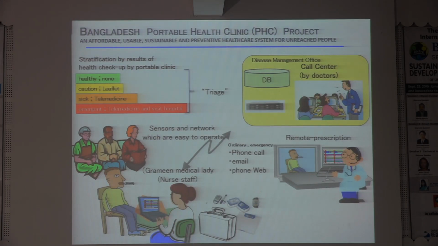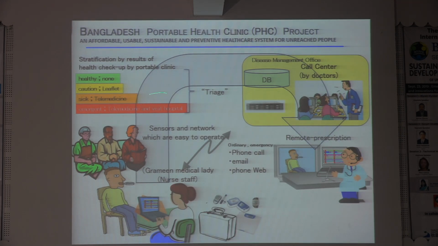And this is the figure of the Bangladesh PhD project. Later, my colleagues, Dr. Mark and Dr. Yokota, will talk about this PhD project. But this project is really similar. Because this is NCD provide health checkup process, and then this system can make the risk stratification automatically into four groups.